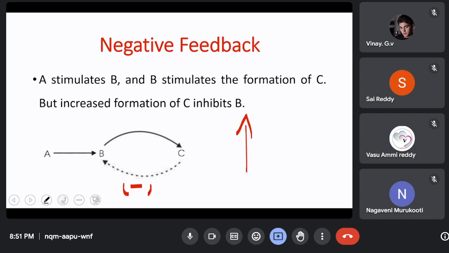Here calcium ion levels increased, that decreases the parathormone level. If calcium ion levels decrease, that increases the parathormone levels. In both ways, they are working opposite to each other with a negative impact, either to decrease or to increase. Hence, we call it negative feedback mechanism. This is the simple definition for this.